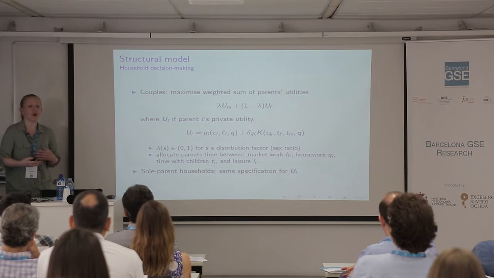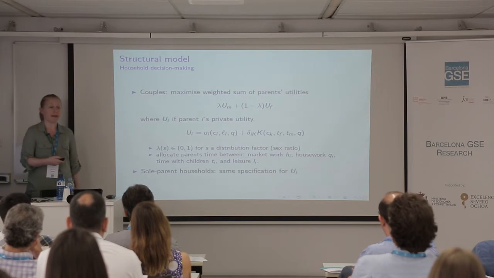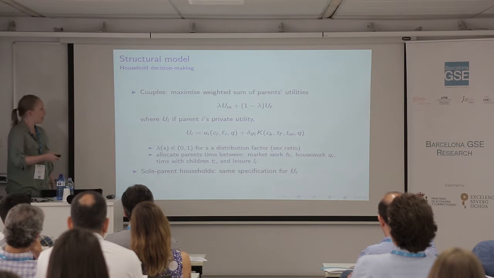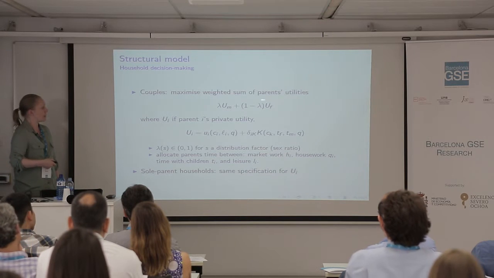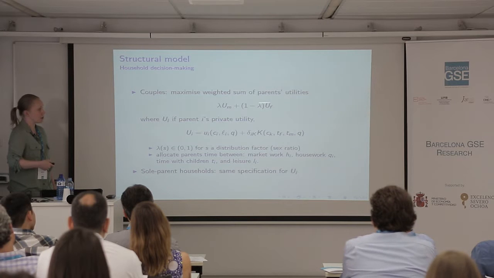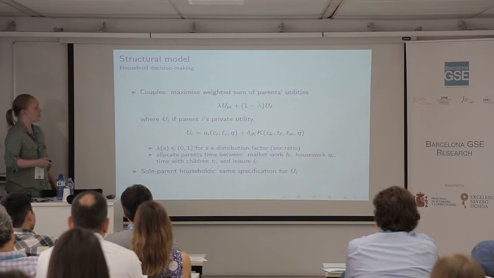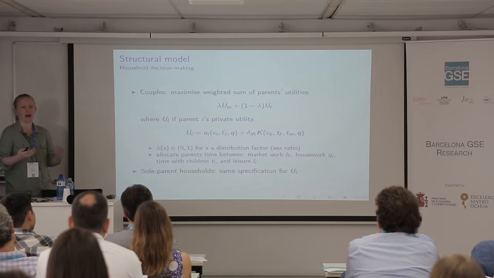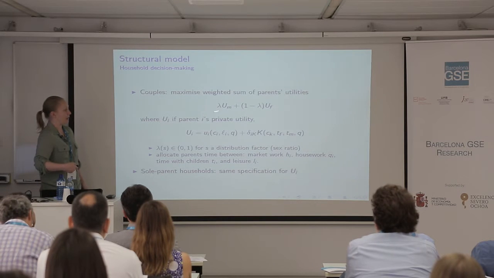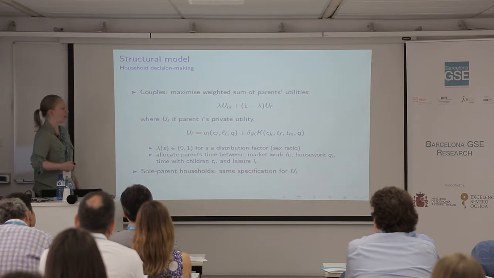Okay, so now I'm going to talk about the structural model I'm going to be estimating. For couples, I'm going to be estimating a collective model where it's assumed that parents bargain and reach a Pareto optimal outcome, where lambda is the bargaining power of the mother.